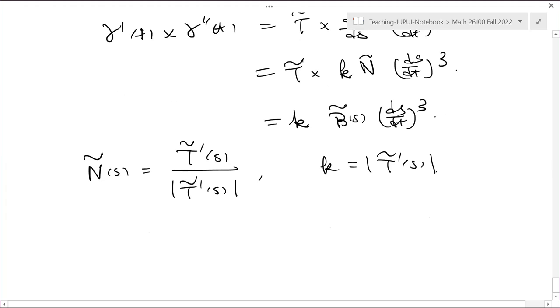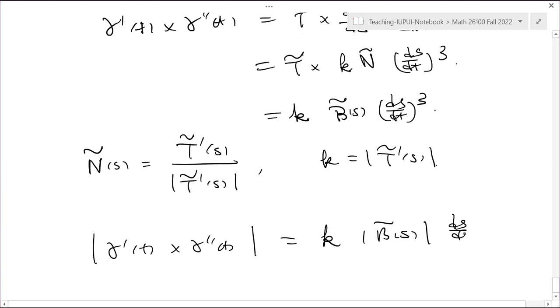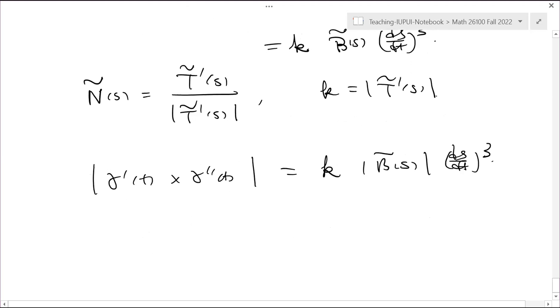All right, so if I take a norm on both sides, from here I solve for k, because that norm is going to be 1.